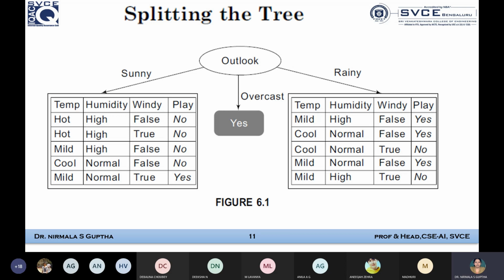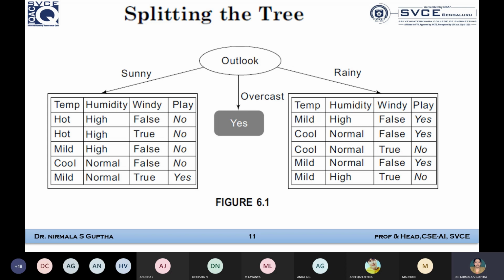What are the values which are there under the temperature column? See the slide and answer me. Hot, mild, cool. Write it down. The 3 rules will come in the second column, that is the rules column. Hot, mild, cool.